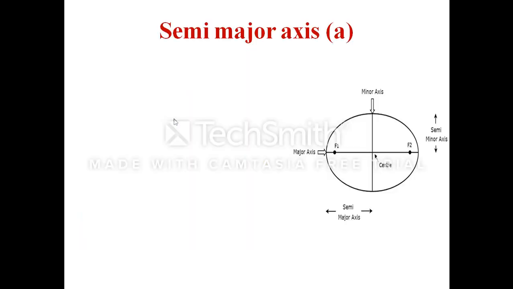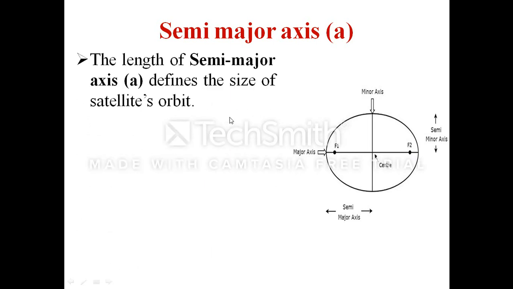Now first parameter is the semi-major axis, which is denoted by letter A. Now this is the diagram. For this elliptical orbit, this is the center of the orbit. Then F1, F2 are the two foci of the ellipse. Then there is a major axis and the minor axis. Semi-major axis is nothing but half of the major axis.